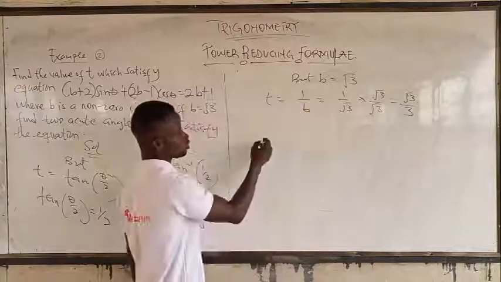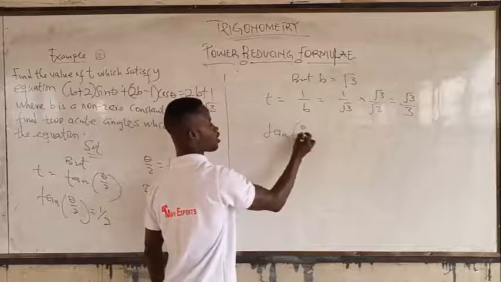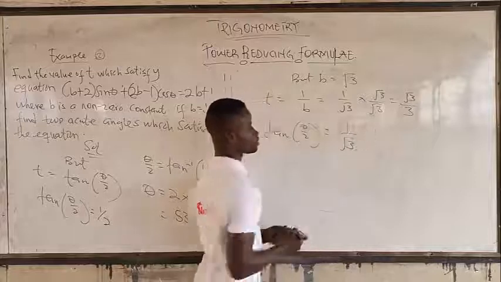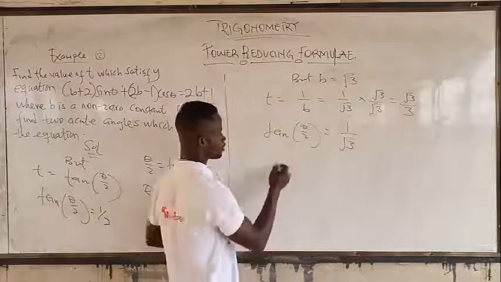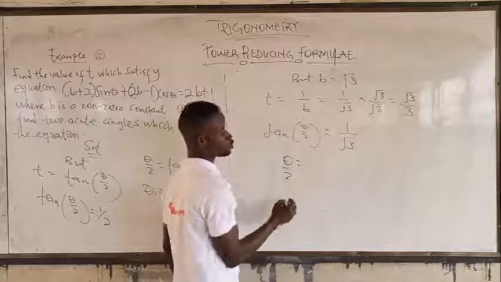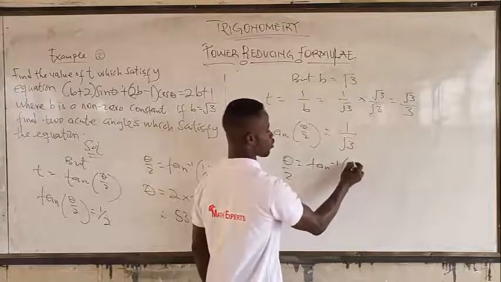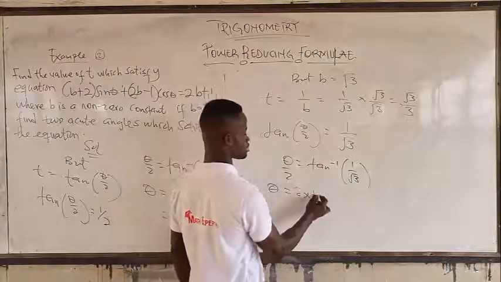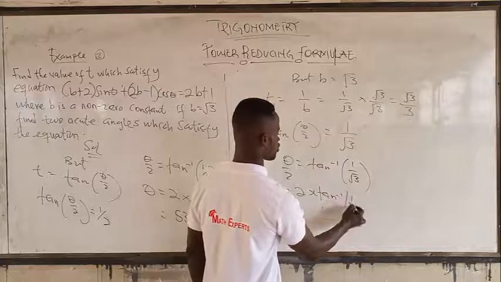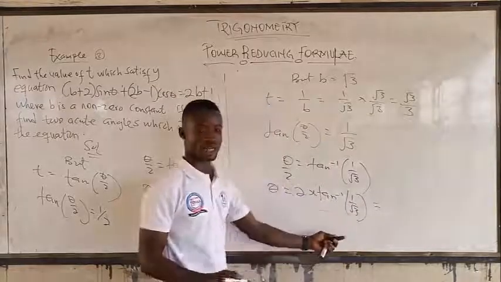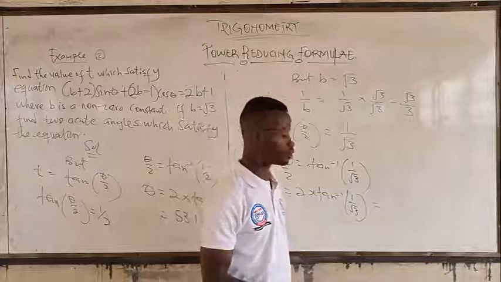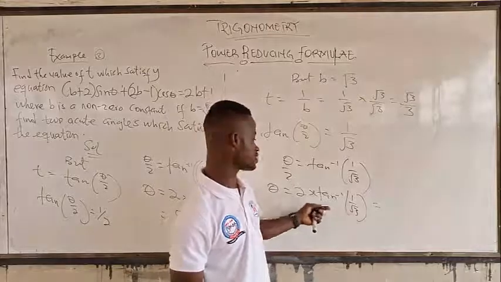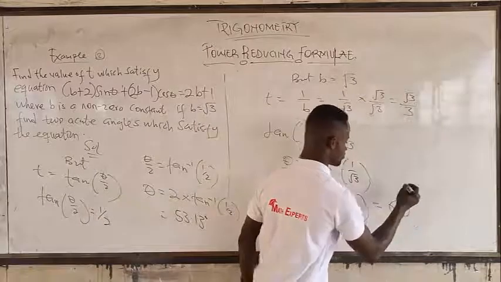Tan of the half angle is equal to this, so theta over 2 equals tan inverse of 1 over square root of 3, and theta equals 2 times tan inverse of 1 over square root of 3. This gives you 30 degrees, and 30 degrees times 2 gives 60 degrees.